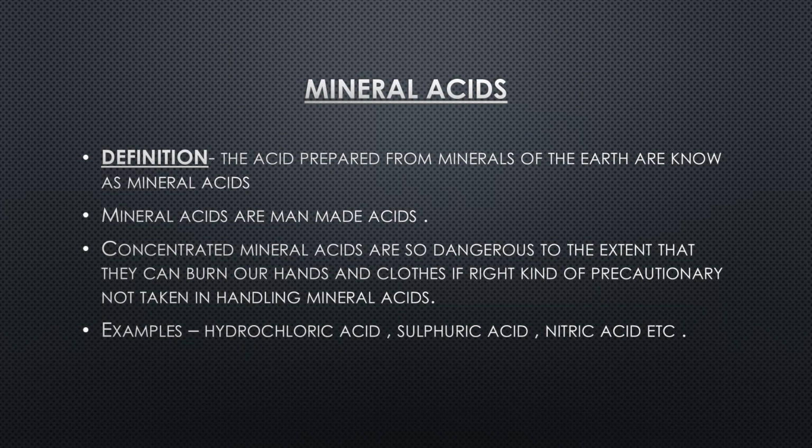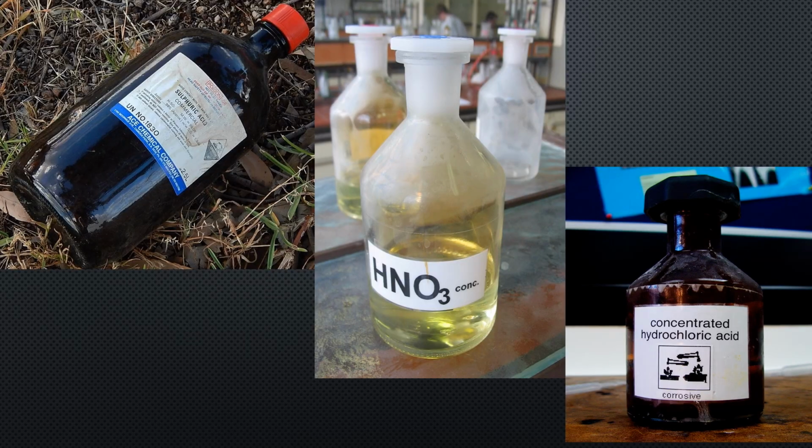Concentrated mineral acids are so dangerous that they can burn our hands and clothes if the right precautions are not taken in handling them. Examples are hydrochloric acid, sulfuric acid and nitric acid. These are concentrated acids. They are very harmful for our skin, etc.